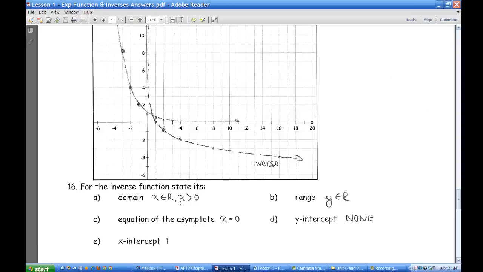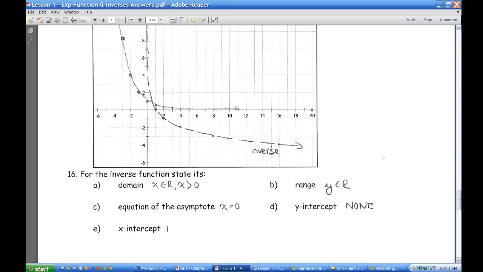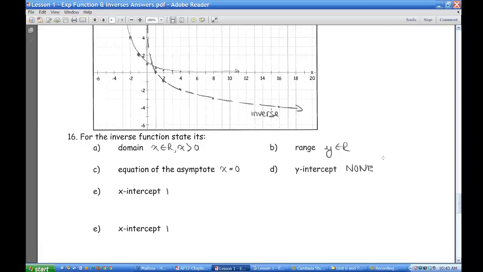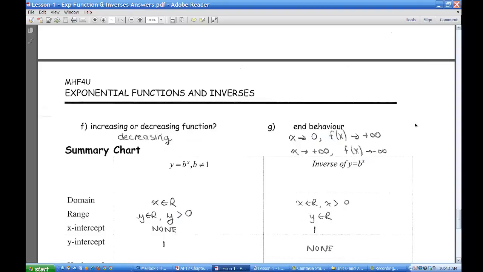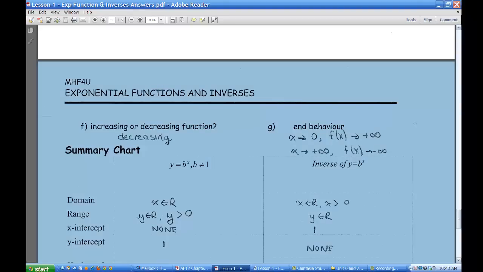And the domain is x has to be greater than 0, so you can't go into negative x or touch the y-axis. But you can go indefinitely in the direction of the positive x value. The function is also decreasing, just like the exponential sister.